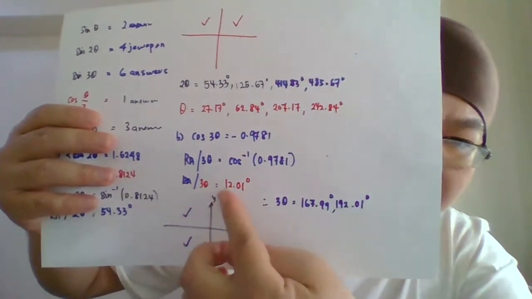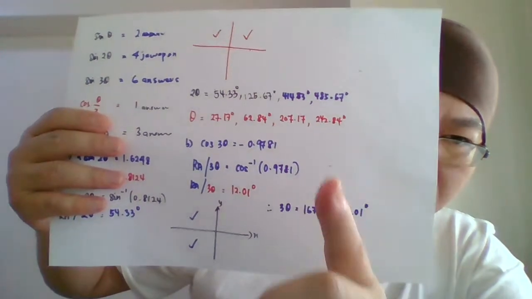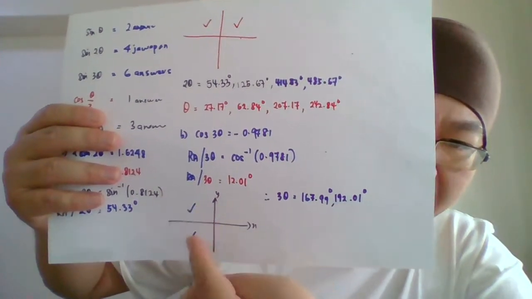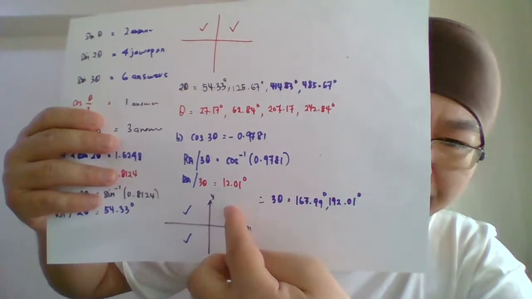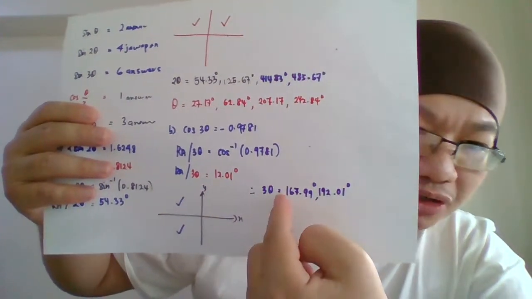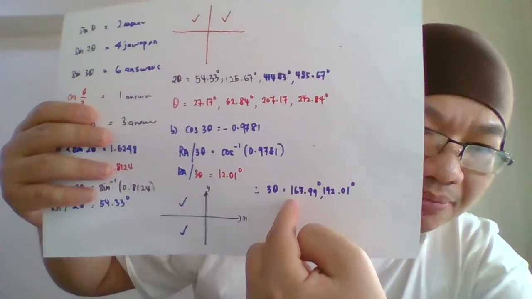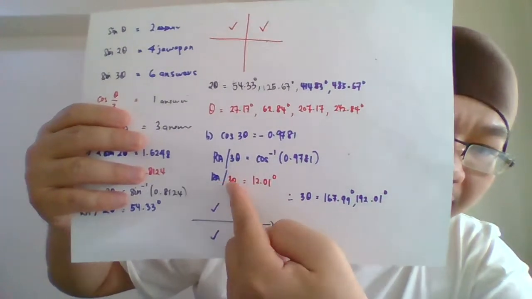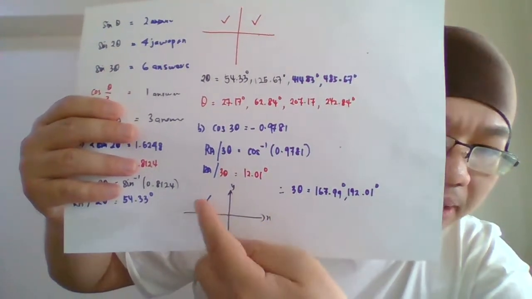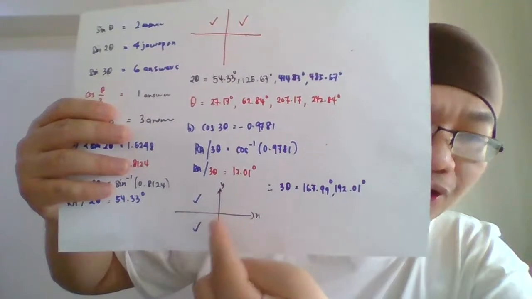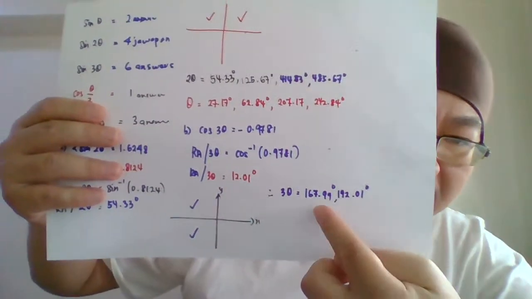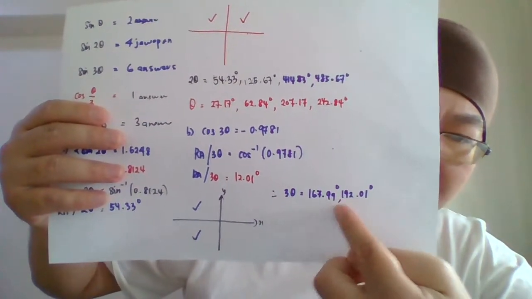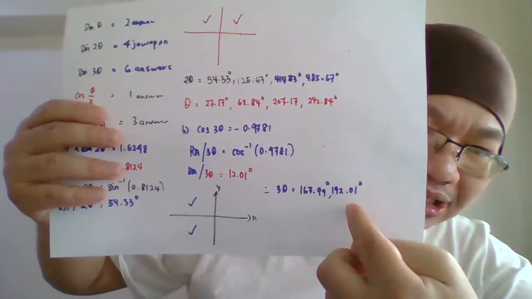After we got the RA equal to 12.01, remember, we are talking about second and third quadrant. We are not talking about first quadrant. That's why 12.01, there's no 12.01 here. Because 12.01 is your RA and located on the first. But we are talking about second and third quadrant. Okay. So our first answer here is second quadrant. Second answer is the third quadrant.